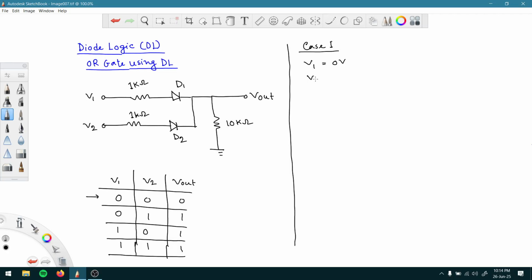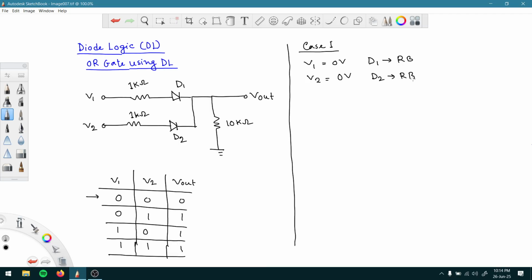So for case 1, V1 and V2 are both 0 volt, right? Whenever both inputs are at 0 voltage, obviously the two diodes will not be conducting. They are not forward biased, am I right? So D1 is reverse biased and D2 is also reverse biased.